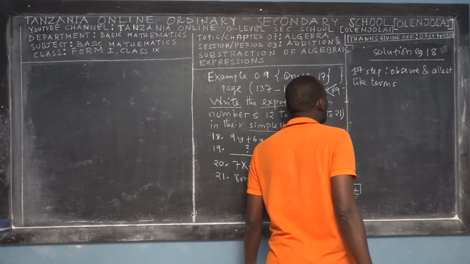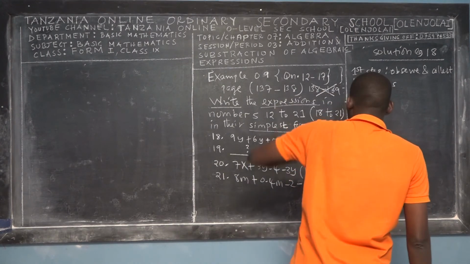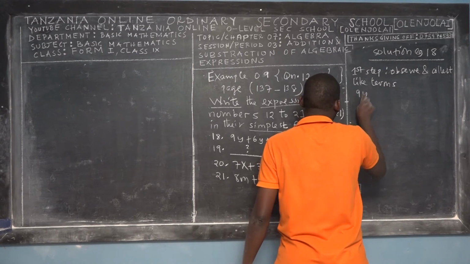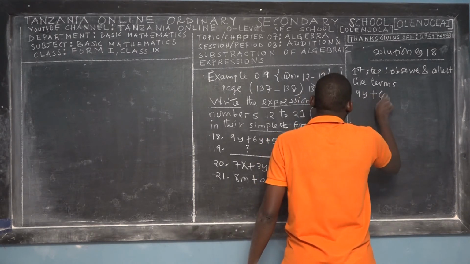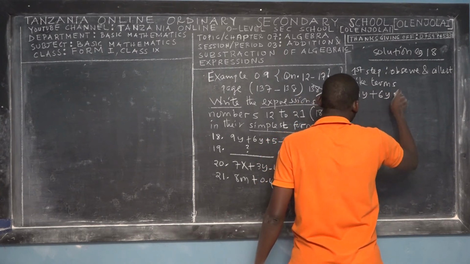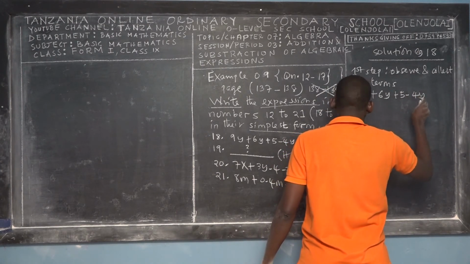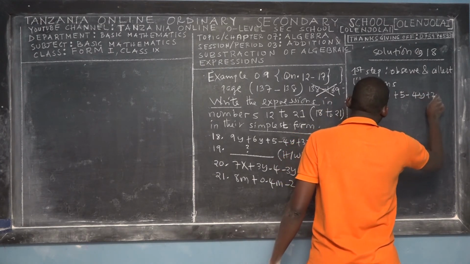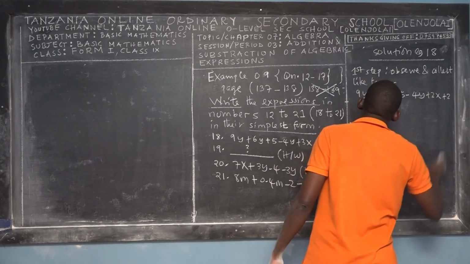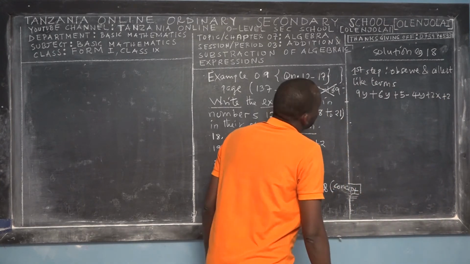So you say that this is 9y, 6y, plus 5, minus 4y, plus 3x, plus 2, right?